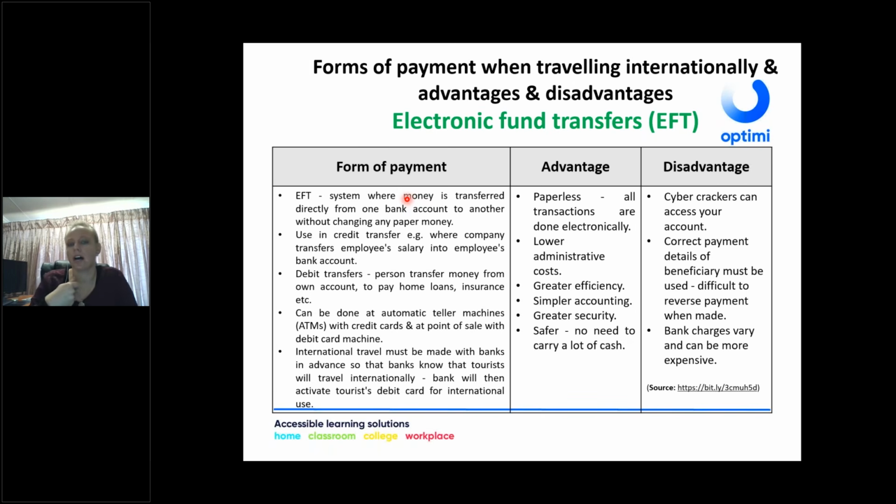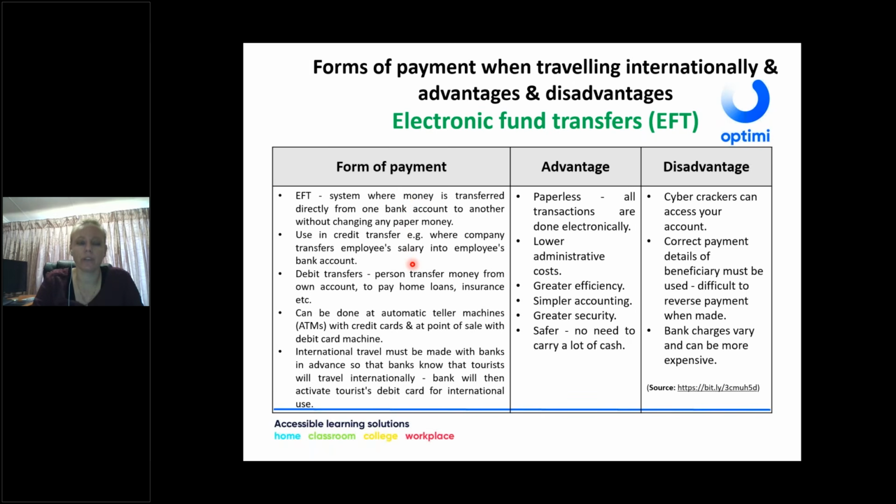If you have to pay for accommodation, you type in the beneficiary's data or information, and you transfer money from your ABSA account to their account to pay for your flight ticket or accommodation or whatever the case might be. And there's no physical exchange of paper money.